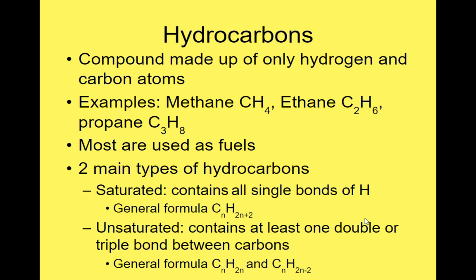If you have 20 carbons, you have 40 hydrogens. If you have triple bonds, you just subtract 2. So if you had 10 carbons, it'd be 10 times 2 minus 2, so 18 hydrogens. I'll show you some examples of it.